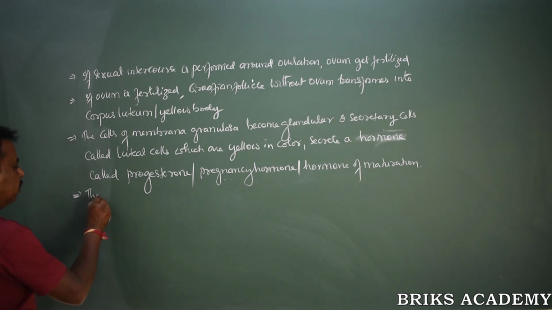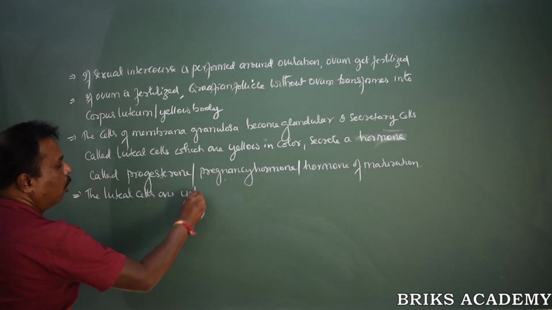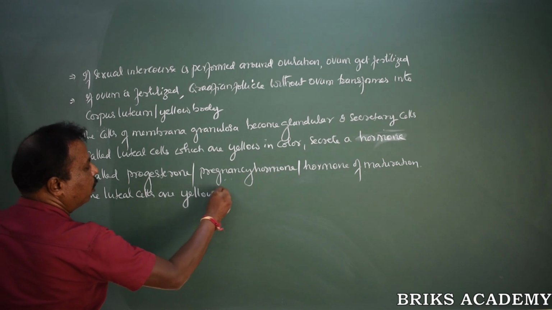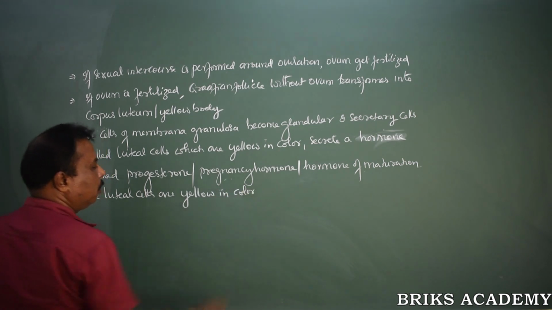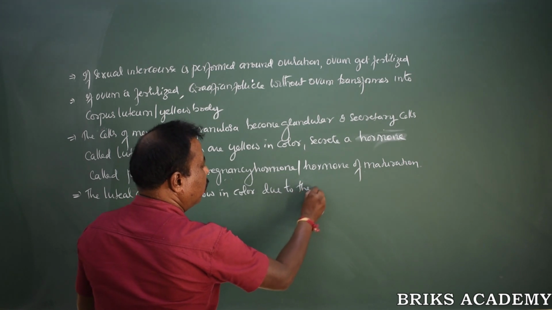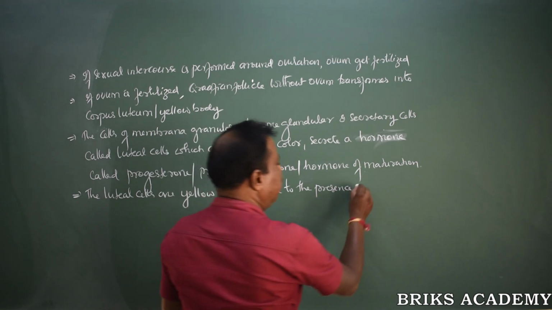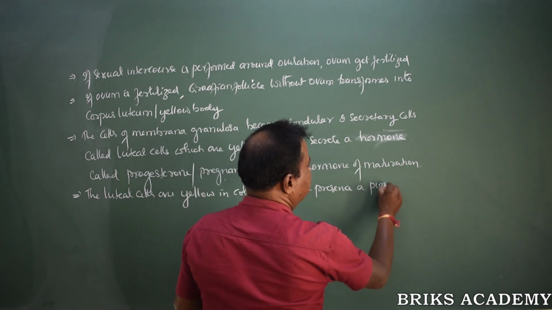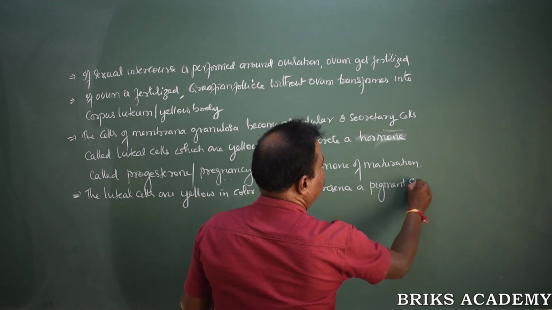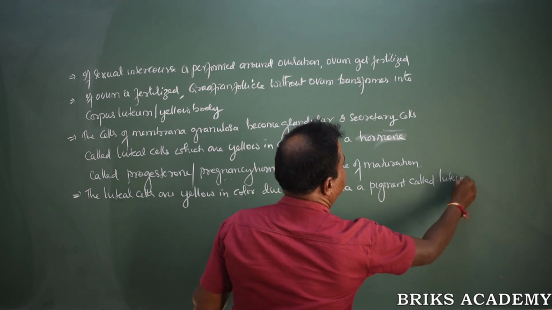The luteal cells are yellow in color due to the presence of a pigment called lutein.